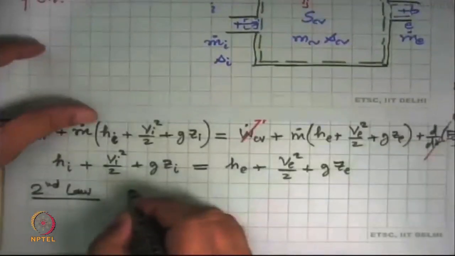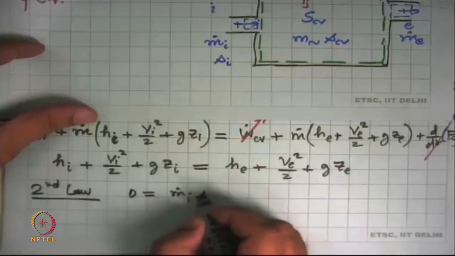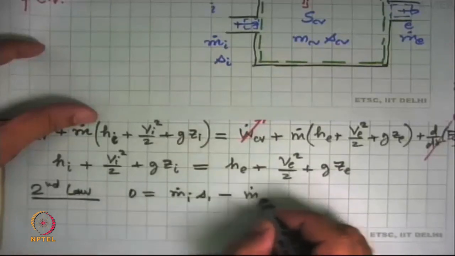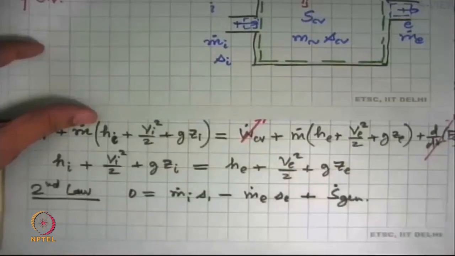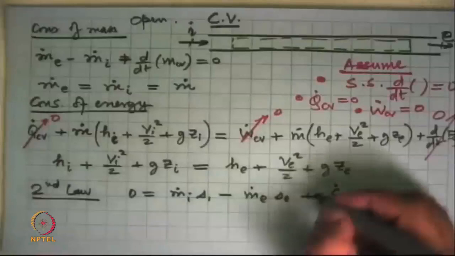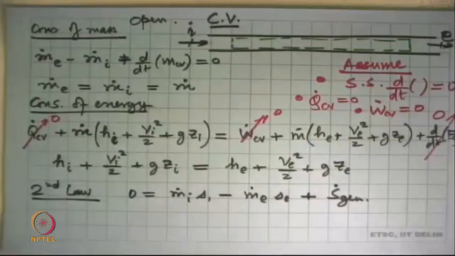So we have 0 is equal to m dot i Si minus m dot e Se plus S dot generation. Well, we don't know what S dot generation is, so it doesn't help us too much.